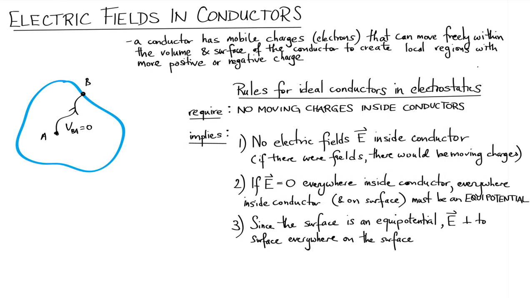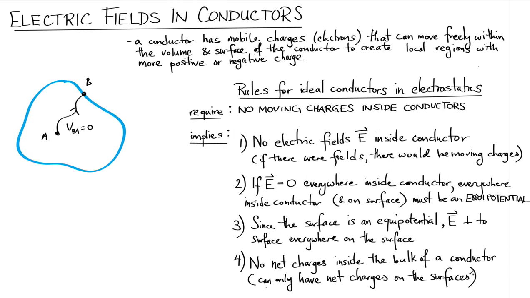The last implication is, I think, quite straightforward. Number 4 says that if we have no electric fields inside the conductor, that must also mean there are no net charges inside the conductor. So I'll write that down.